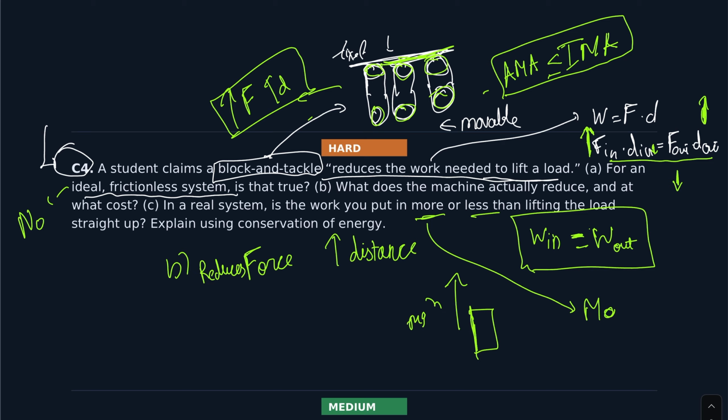You conserve your energy here, but the thing is, the friction removes a lot of your energy, right? So in order to make up for the energy that friction removes, you have to put in more force and more distance, okay? So yeah, that's the problem here. So you have to put in more force. Or you could also put in distance, that's also fine. But yeah, you have to put in more work, okay?